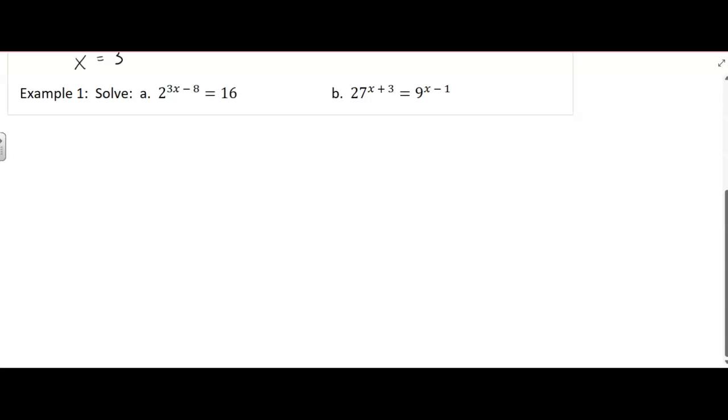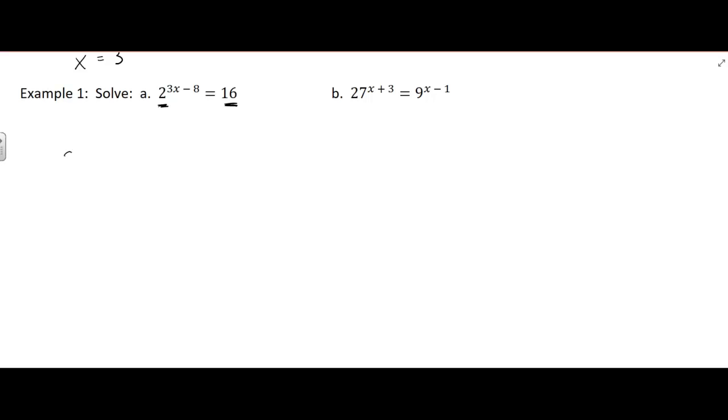All right. So you look at this first one in A, and we're trying to solve for x. You see a base over here of 2. Well, 2 doesn't get more simple than that, so it's a pretty good base. So the question is, can I get 16 to be some power of 2? I think about 2 times 2 times 2, how many of those?